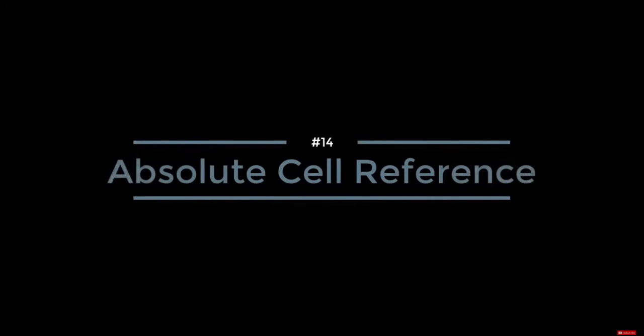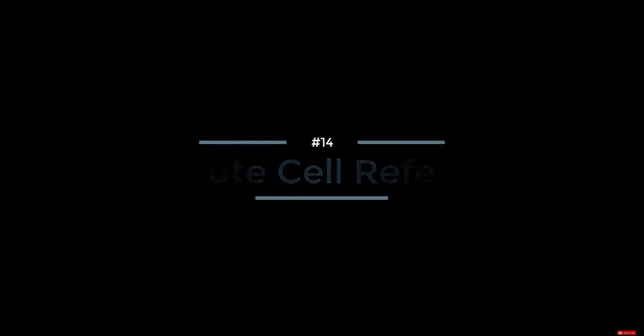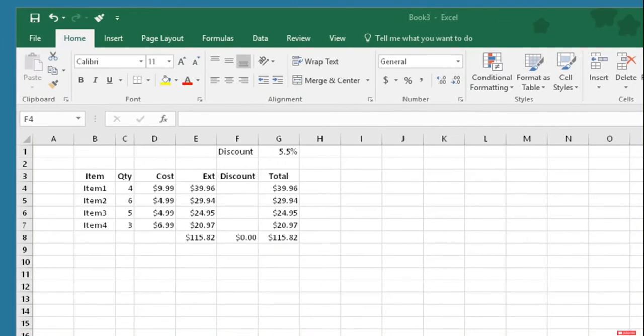Number 14, absolute cell reference. Excel uses two types of referencing, relative and absolute. As you can see on this chart, C4 times D4 takes the quantity times the cost and gives a result. This is a relative cell reference because as I look down the list, it's referring to the second one to the left and the first one to the left in the formula.